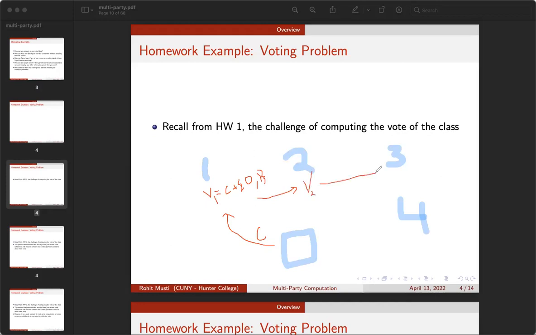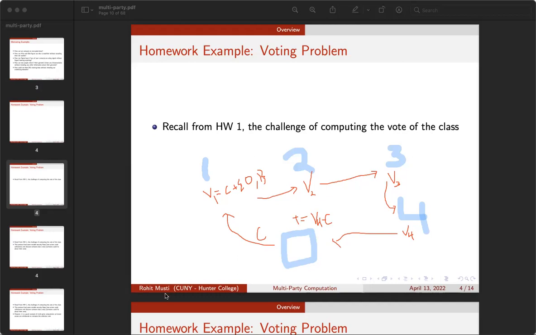Then that gets sent to person 3, who computes vote 3, which gets sent to person 4, who computes vote 4, who then sends it back. The centralized group calculates the total, which is vote 4 minus C. If that's greater than 2, then the majority agreed. If it's less than 2, they could not get more than half to agree.